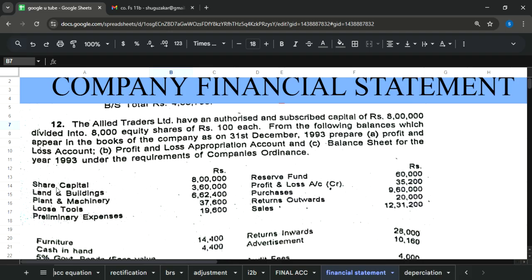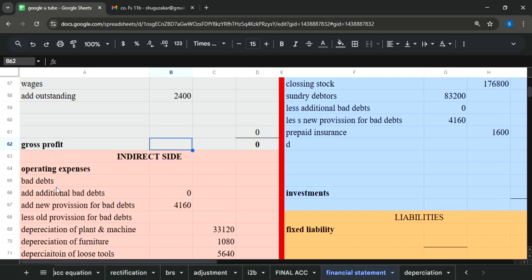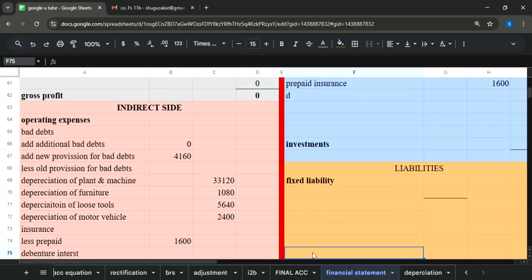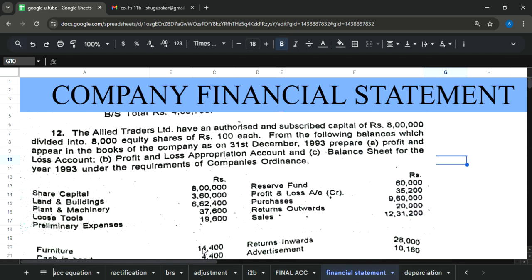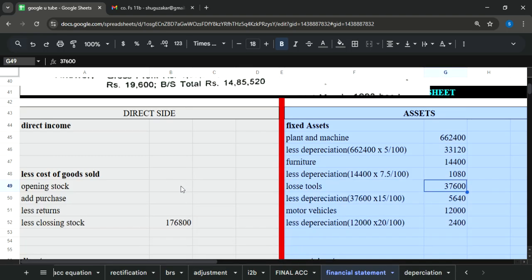The first element is share capital. So we are going to record it on the fixed liability side. Share capital amount is mentioned as 8 lakh. Now we will see if authorized capital is present, and look here, 8 lakh is authorized capital, and subscribed capital is also 8 lakh.